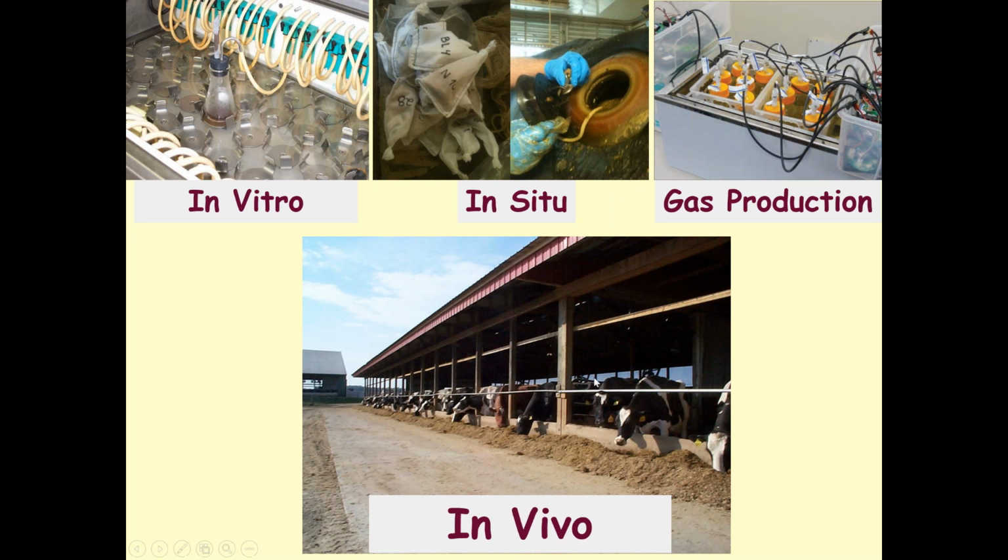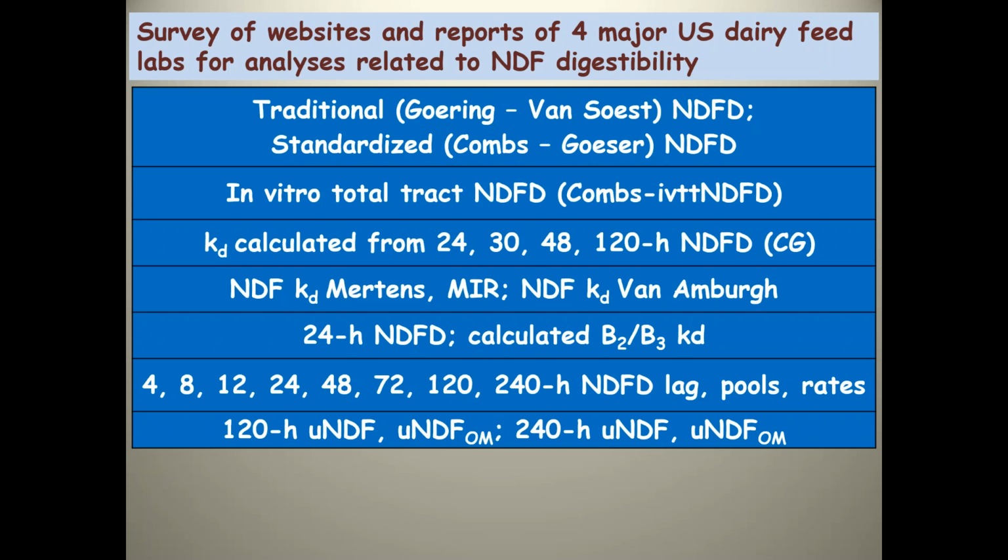And then lastly, what we're really trying to do with all this is hopefully mimic in vivo, just being a scientific term for in the cow or in the pen or in the herd, trying to mimic how the cow might utilize that test feed if it's fed. So this brings me to a long list of different types of digestion coefficients or outcomes from these different analyses that may be showing up in reports.